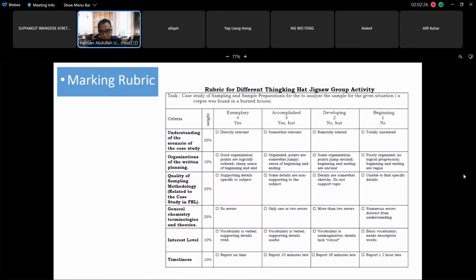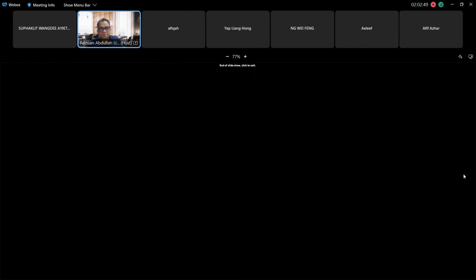Okay, this is the rubric for the assignment. You have understanding 20%, organization of the written planning 10, quality of sampling methodology related to the case 25, general chemistry terminologies and theories 25, interest level 10, timeliness 10, meaning that you submit on time, right?